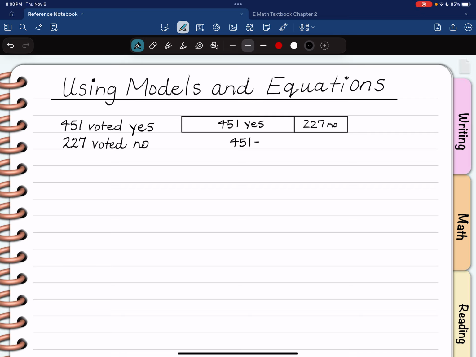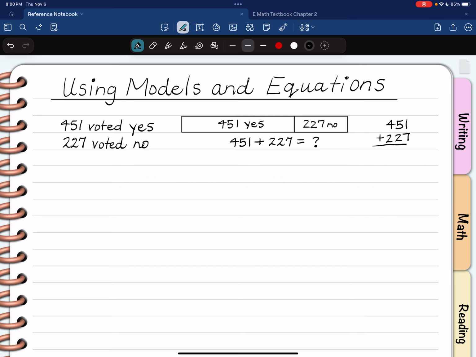451 plus 227 equals an unknown number. They told us to use a question mark for the unknown. And then we need to solve it. So I'm going to use the algorithm method.